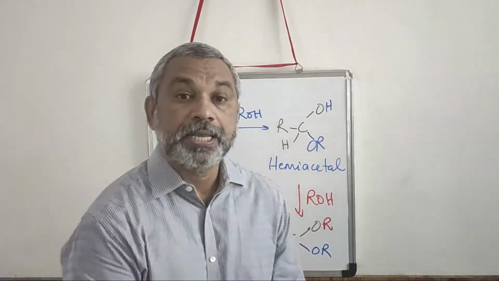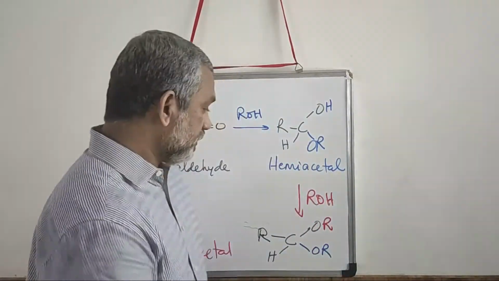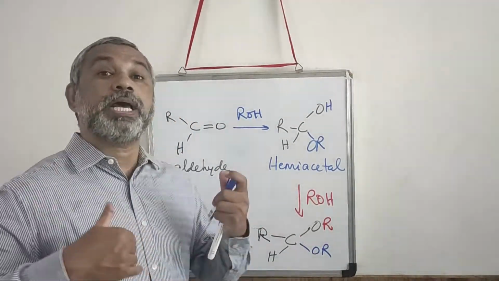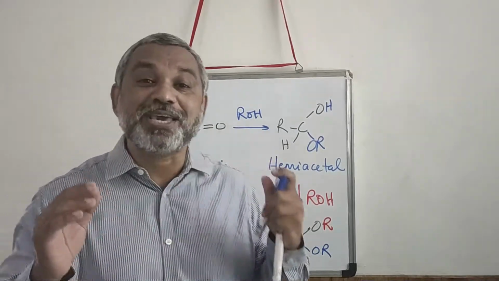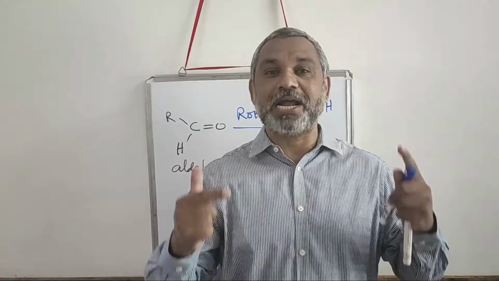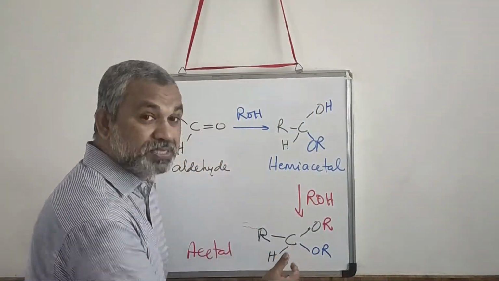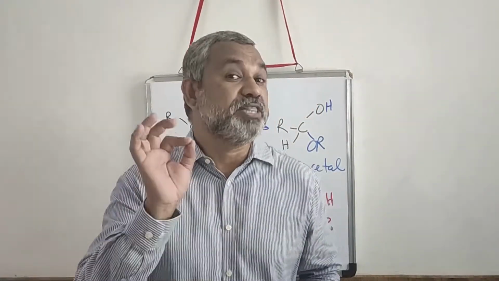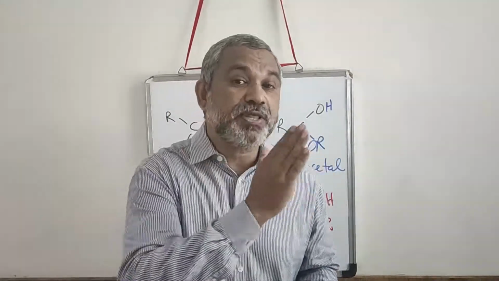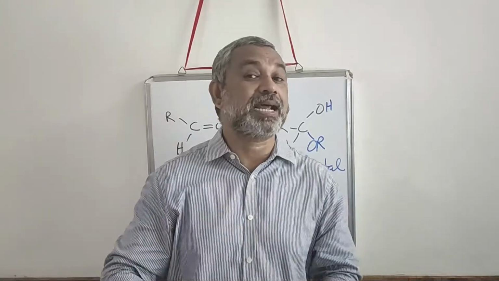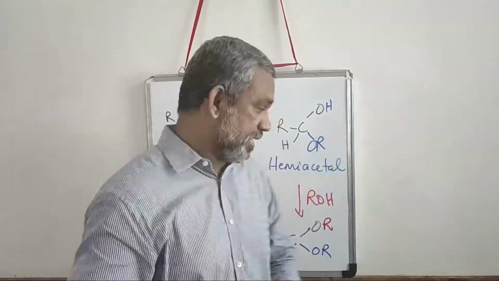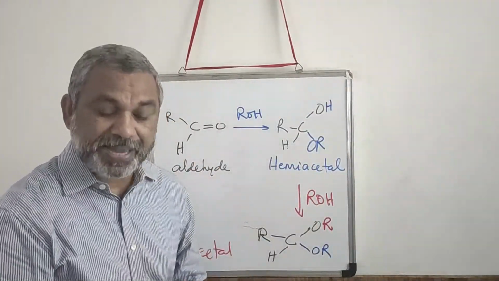So due to this rearrangement, we will get an acetal bond, or a glycosidic bond in the case of a monosaccharide. When 2 monosaccharide units come together, they form a glycosidic bond with the loss of a molecule of water. Each of the monomeric units in a disaccharide or in a trisaccharide is what we call a residue. Remember that. So this is the basic mechanism.